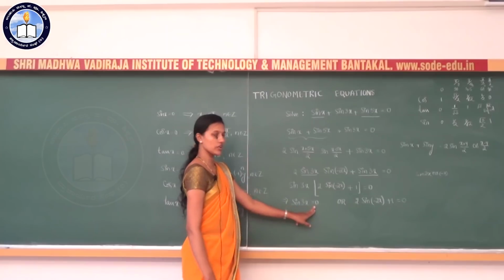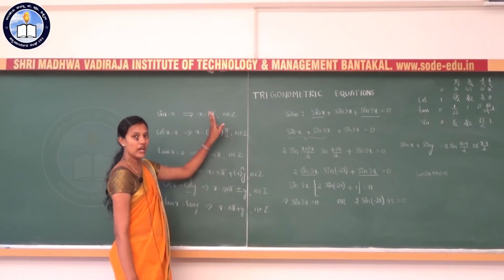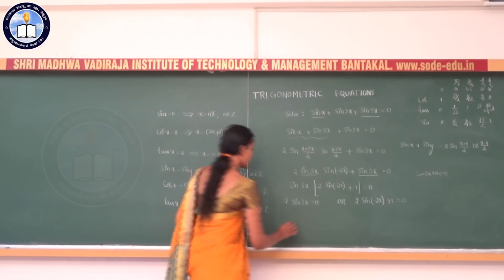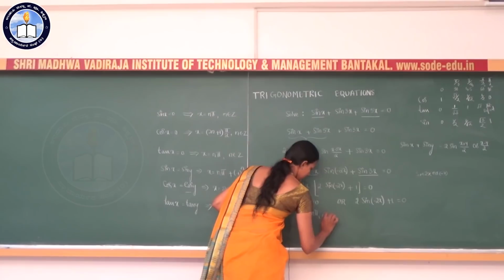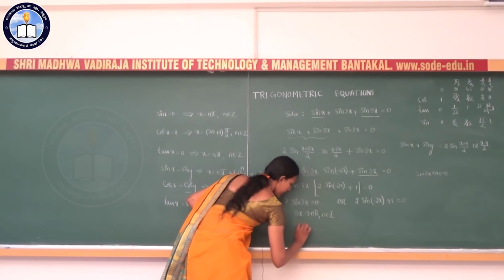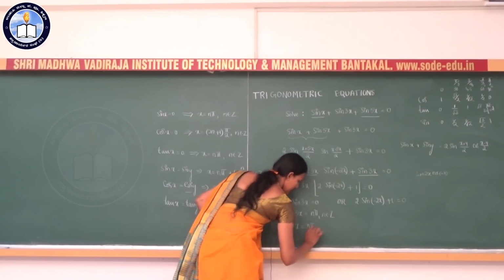Sine 3x is equal to 0 implies 3x is equal to integral multiple of pi, n pi, and hence x is n pi by 3.